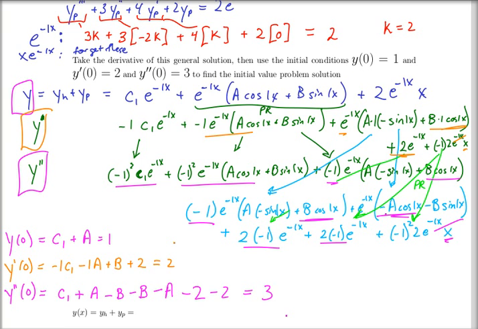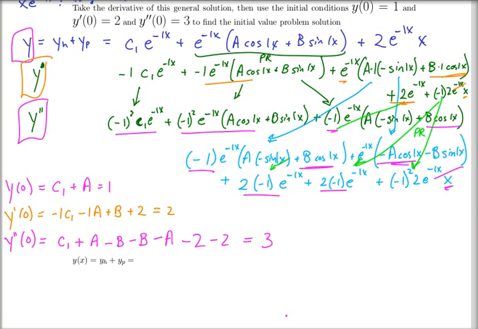Now, admittedly, we've got 3 equations, 3 unknowns. We'll be able to solve for a, b, and c1 in just a moment's time. Okay, the first equation gives us a substitution so that c1 will be equal to 1 minus a in the next equation.